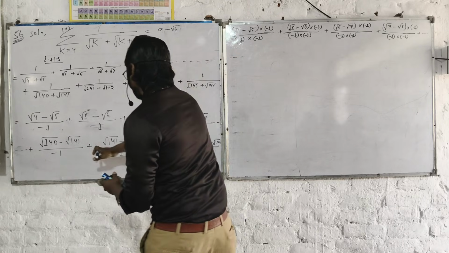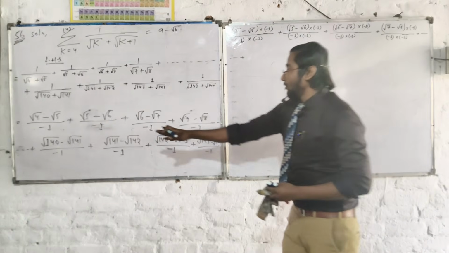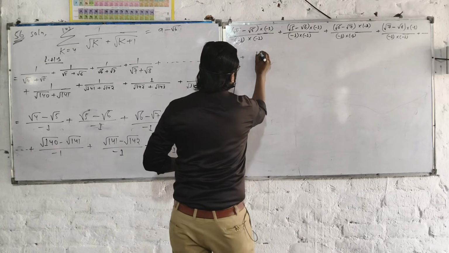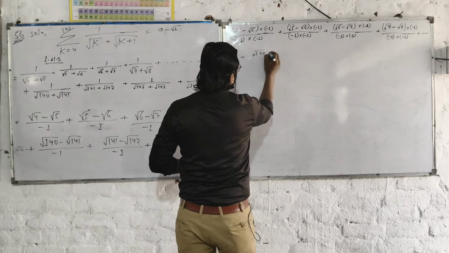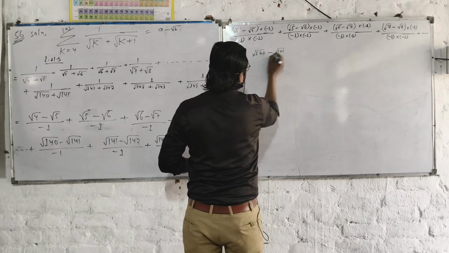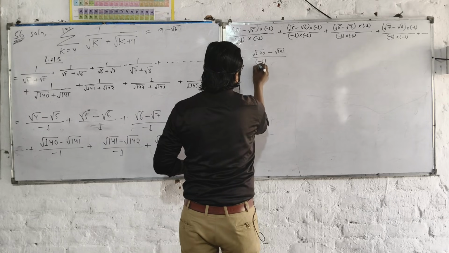Plus. Again, the same thing we have to do in the last four terms. What is the last four term we have? Root under 140 minus root under 141 by minus 1.